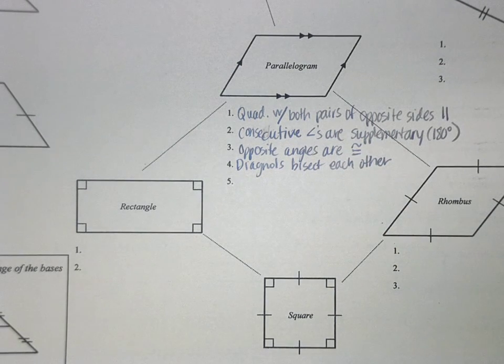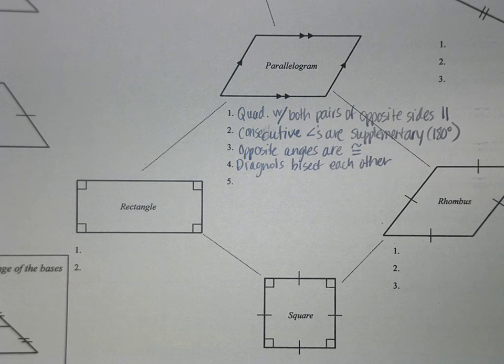And there's one last thing, and I think it goes back to page 271 or maybe even 270, but it has to do with the opposite sides. So we talked about how opposite angles are congruent, but also opposite sides are congruent as well.